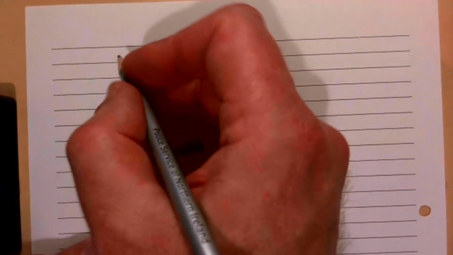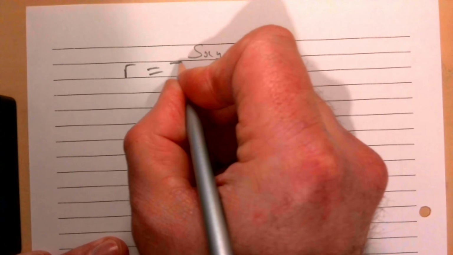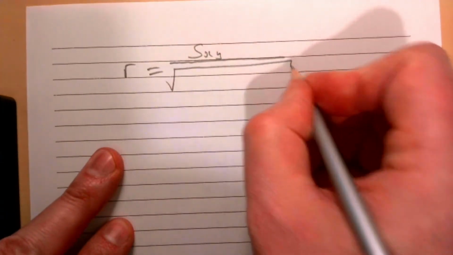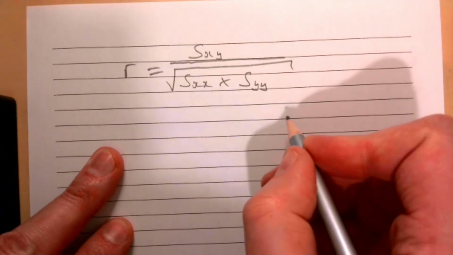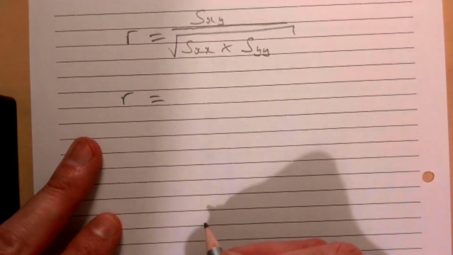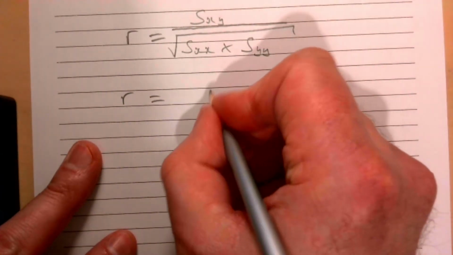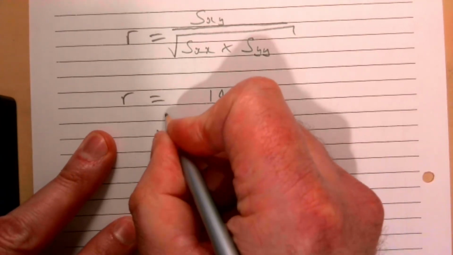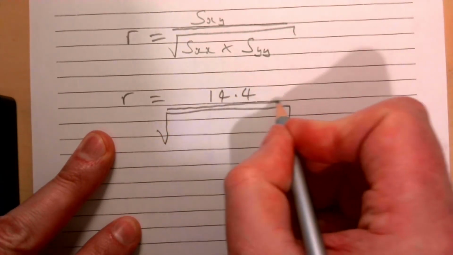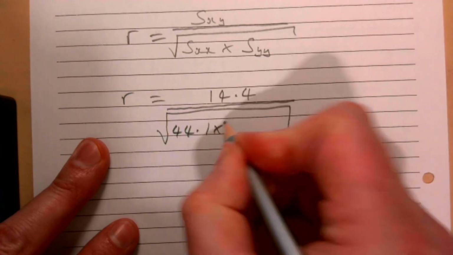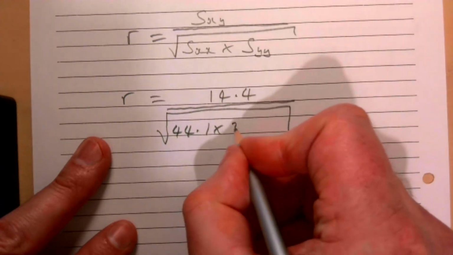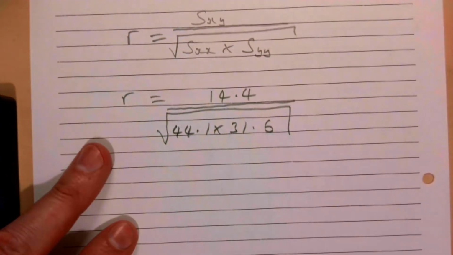So I'll do this then over the page. Our formula is R equals S X Y over the square root of S X X multiplied by S Y Y. R equals, what's on the top? 14.4 over the square root of 44.1 multiplied by 31.6.